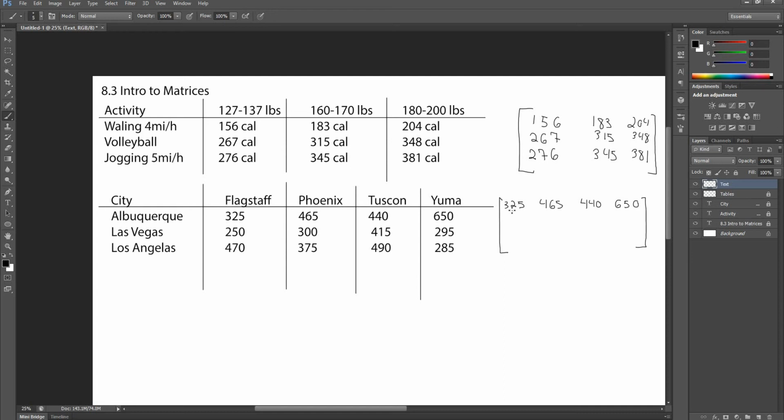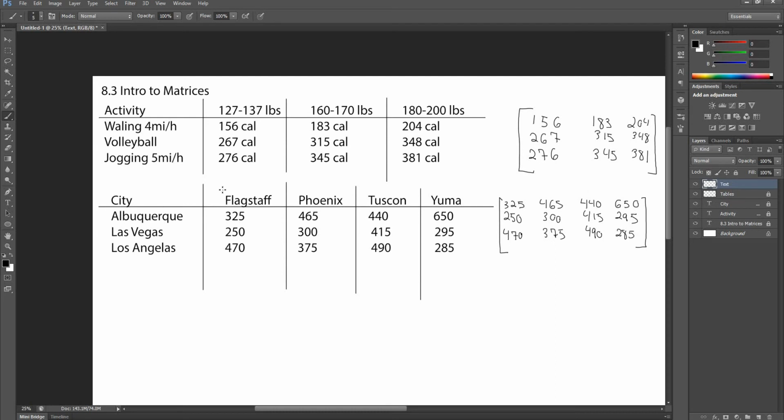Row 2 column 1 is 250, row 2 column 2 is 300, row 2 column 3 is 415, row 2 column 4 is 295. And last but not least, row 3 column 1 is 470, row 3 column 2 is 375, row 3 column 3 is 490, row 3 column 4 is 285.